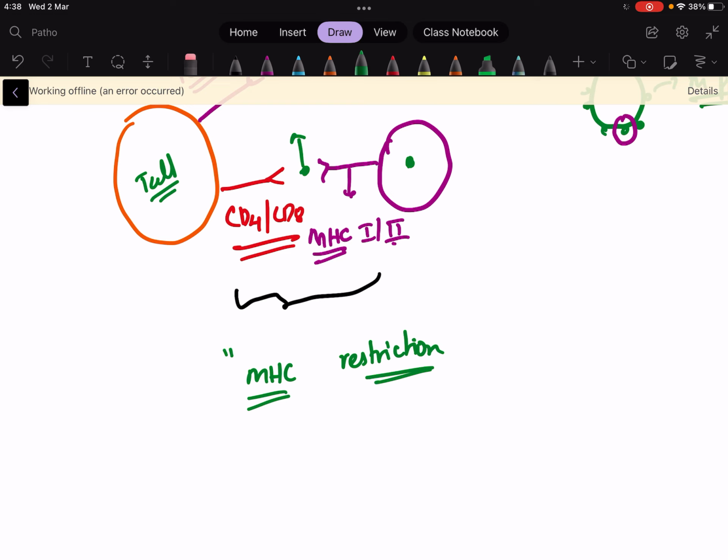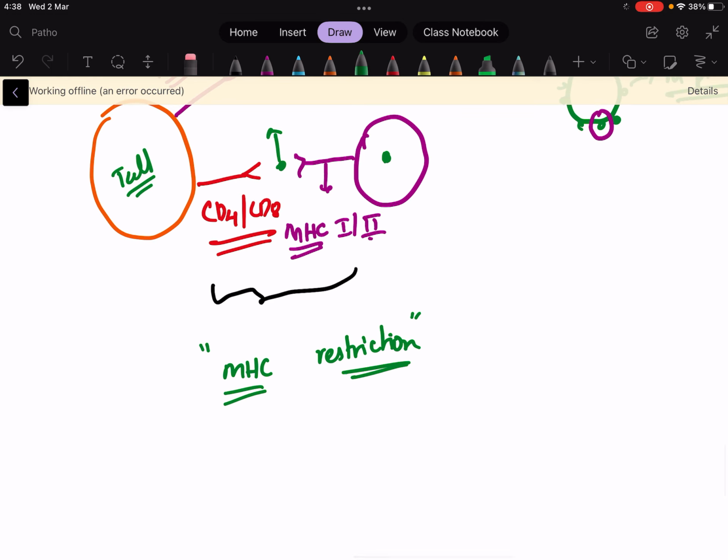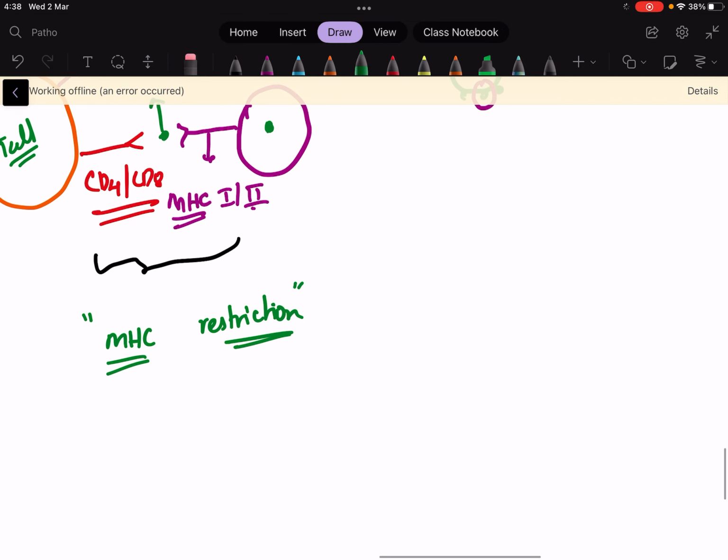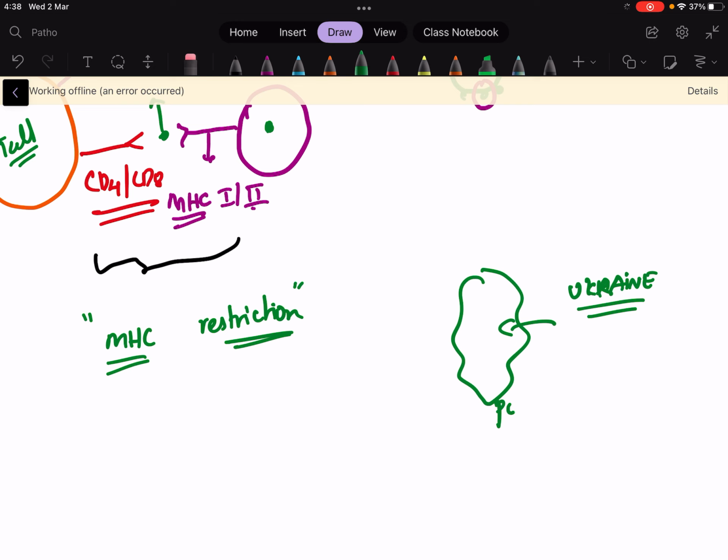Like neutrophils and macrophages, they cannot come and display this antigen to the T cell because it would be like a clutter. Imagine there are these Ukrainian people, right? What happens if the Ukrainian people enter Poland, each and every one of them?